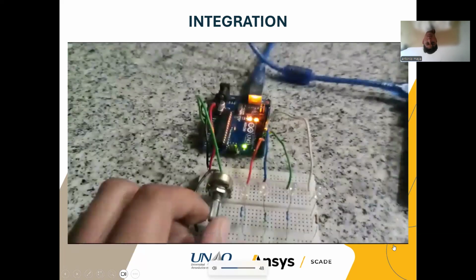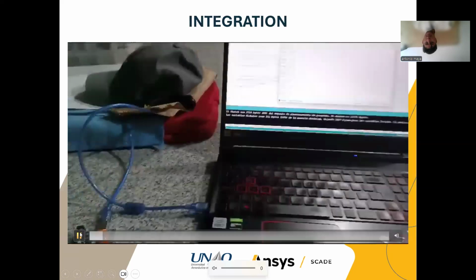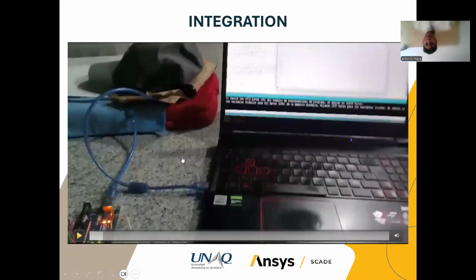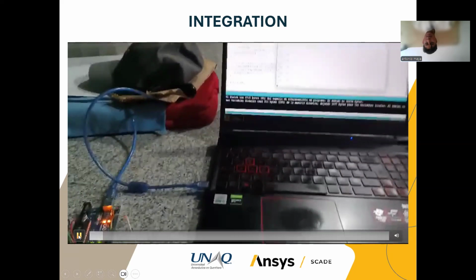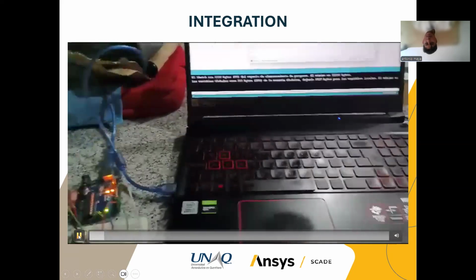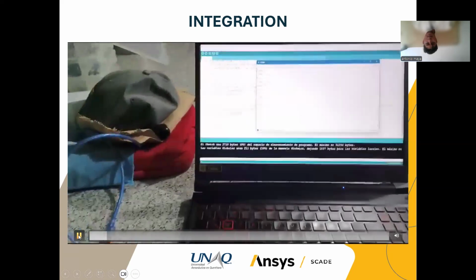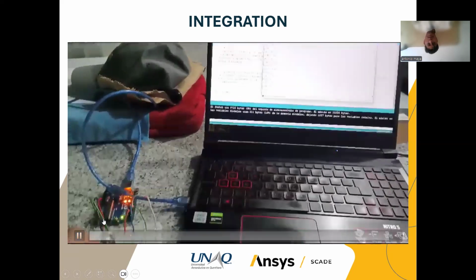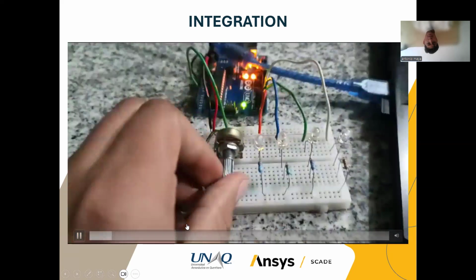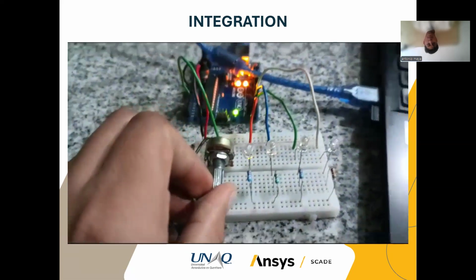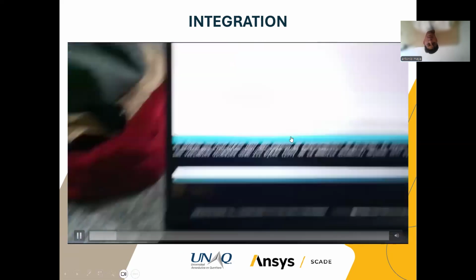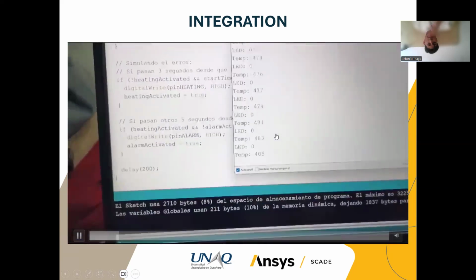I'm going to explain this in English. Okay, so in this part, what we're doing is measuring the values obtained by the Arduino board by means of the ADC. If these values are greater than 100, again, I am using my potentiometer to indicate the temperature because I didn't have a temperature sensor.